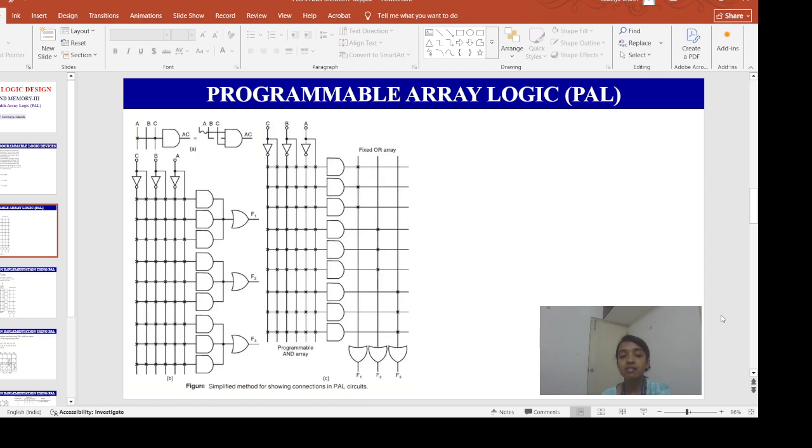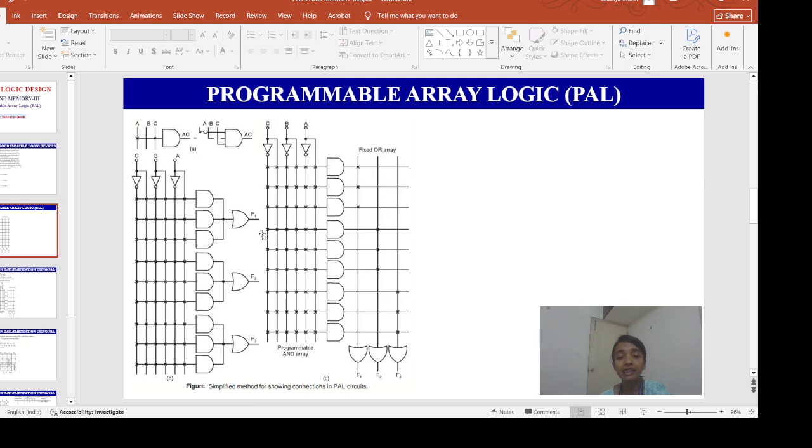The PAL circuits consist of a set of AND gates whose inputs can be programmed and whose outputs are connected to an OR gate. That is, inputs to the OR gate are hardwired. That is, a PAL is a PLD with a fixed OR array and a programmable AND array.